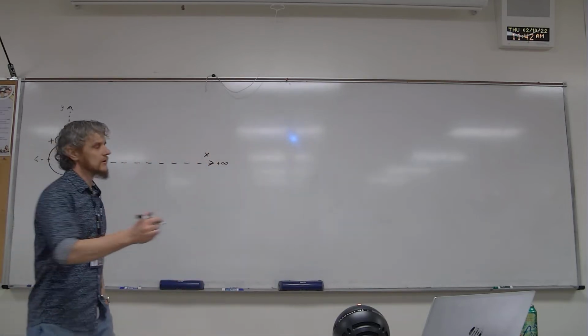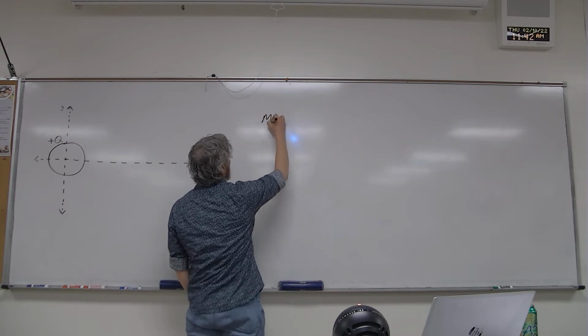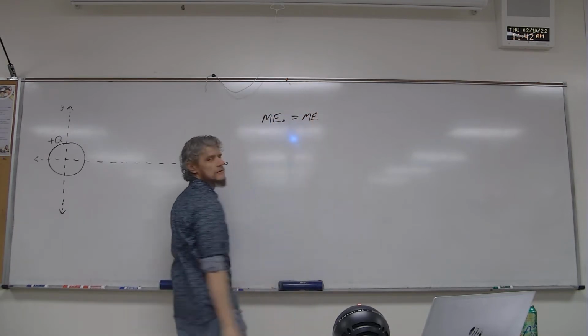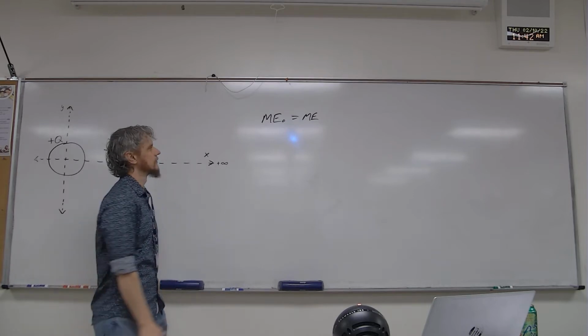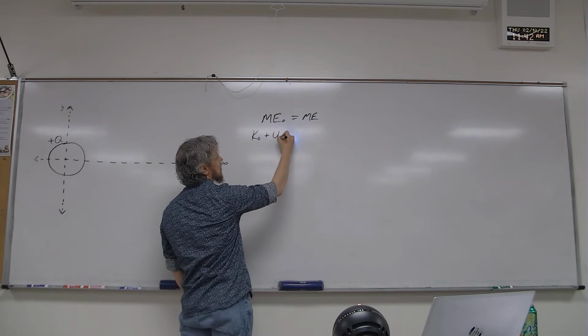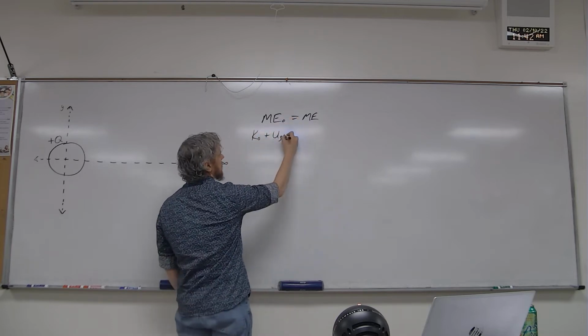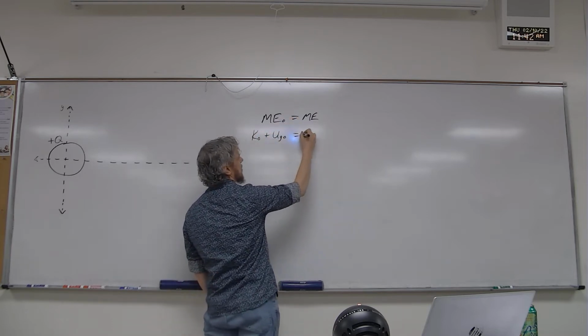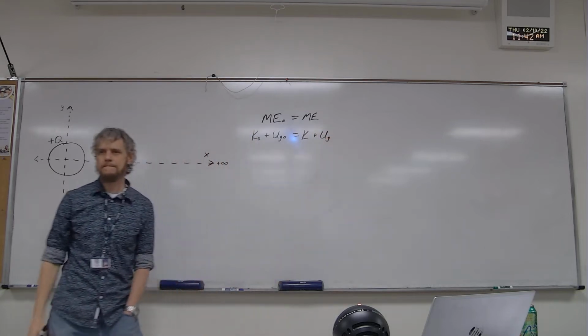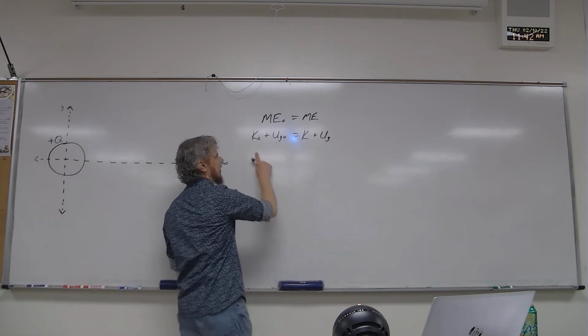You guys remember conservation of energy? Before we did a little rotational, but if we were just doing an object falling, it's K naught plus UG naught equals K plus U. What if I subtracted K naught from both sides?